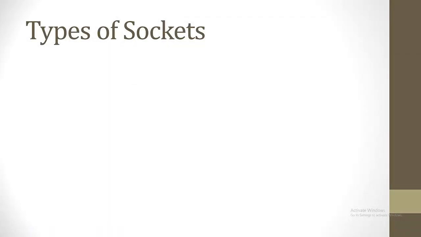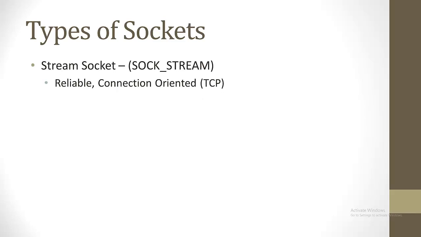Types of sockets. How many types of sockets do we have? Number one is the stream socket. The stream socket is a reliable connection as well as connection oriented. In short, we call it TCP, the Transmission Control Protocol. If we want to implement a TCP socket or a stream socket in our programming, we need to use the SOCK_STREAM keyword.